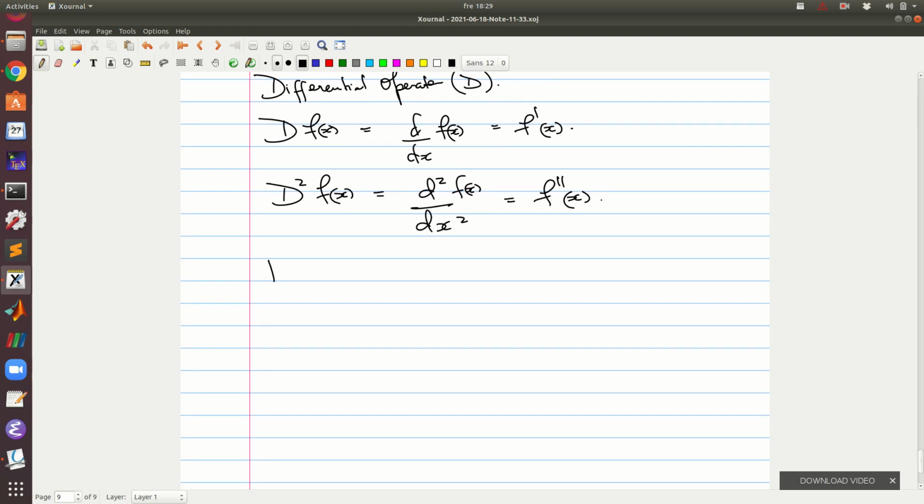Now we would like to look at the relations between the operators.